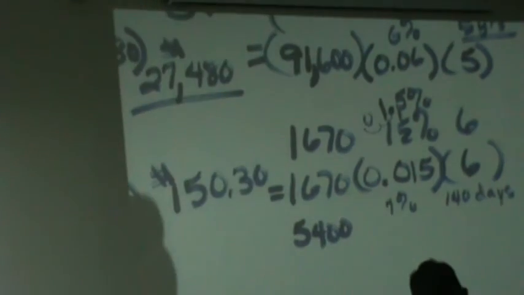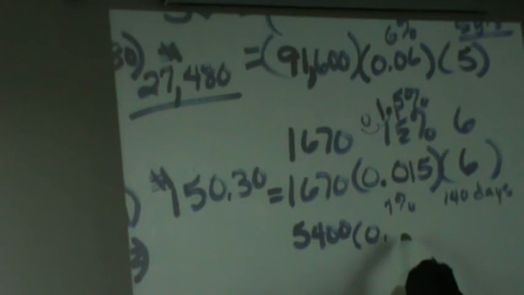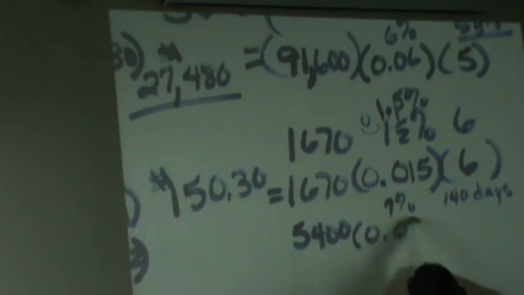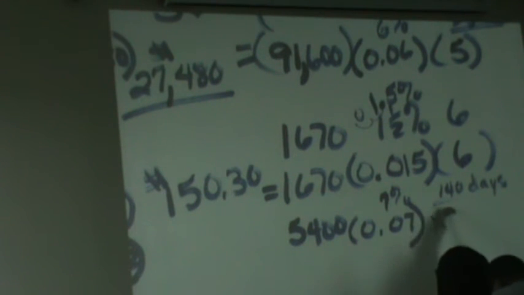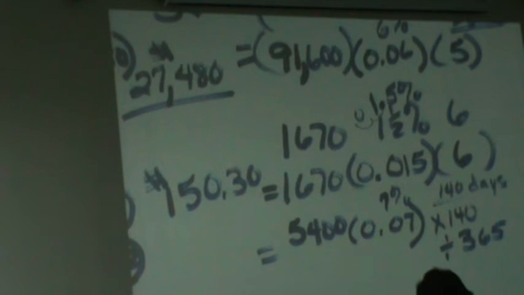Short-term loan, shouldn't be very much, huh? Percent is 0.07, right? How do you do 140 days? Divide by 365. Times 140 divided by 365. So do all of that and you'll get your interest.